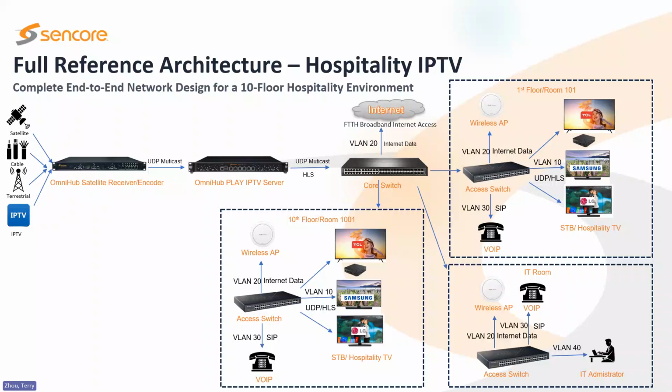If you just have a limited number of rooms, then you can simply use one access switch, then connect it to the room's TV set, Android set-top box, with different VLANs separated. You can also connect VoIP phones to provide telephone service, and connect wireless APs for Wi-Fi internet access.